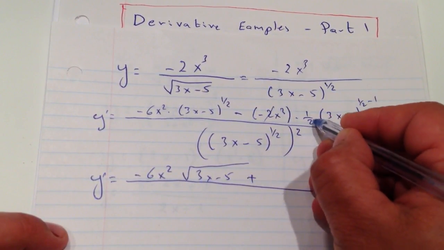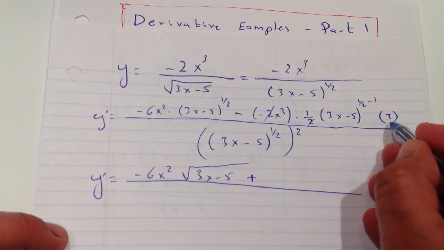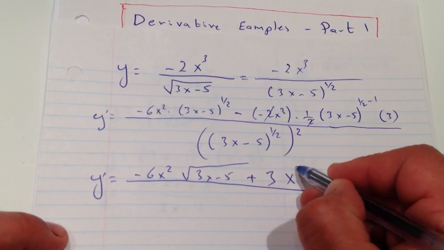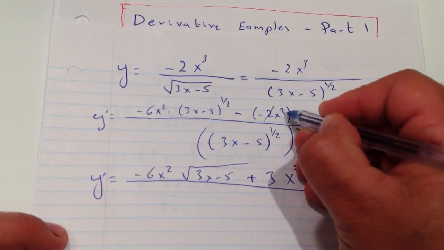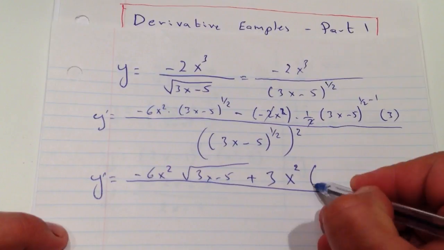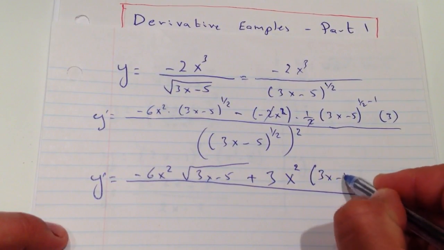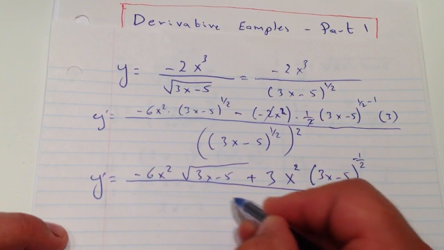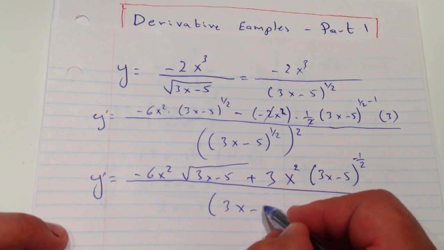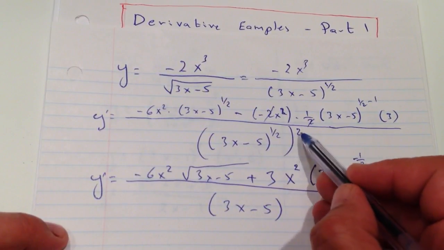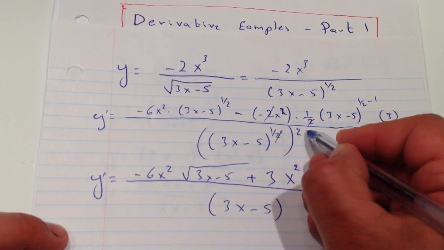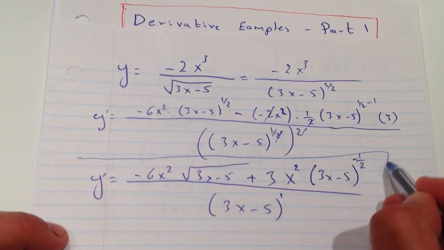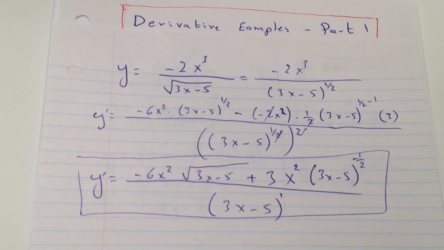This 2 cancels this 2, I can write that 3 times 2 into x cubed, or rather x squared, and multiplied by 3x minus 5 to power 1/2 minus 1, which is minus half, over 3x minus 5. And that power half multiplied by that 2, they cancel each other. So here we'll have just power 1, and this is the derivative for that function.